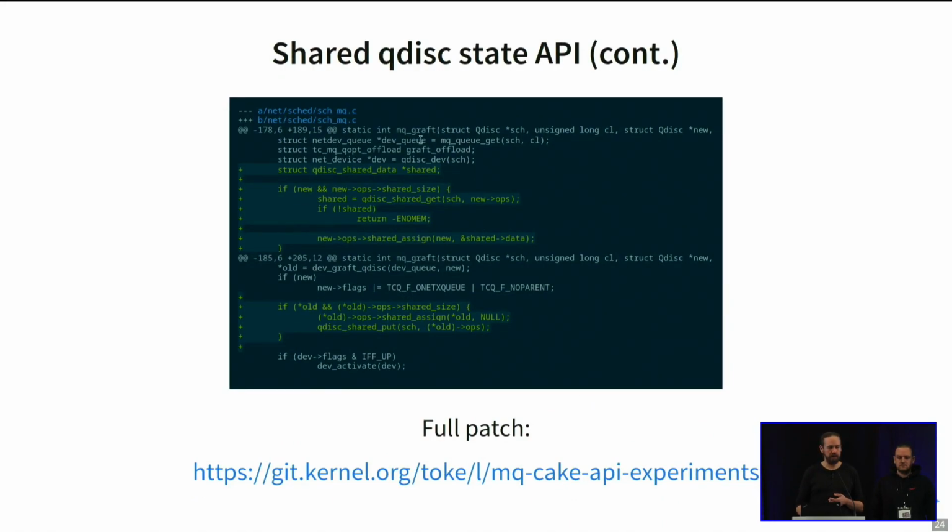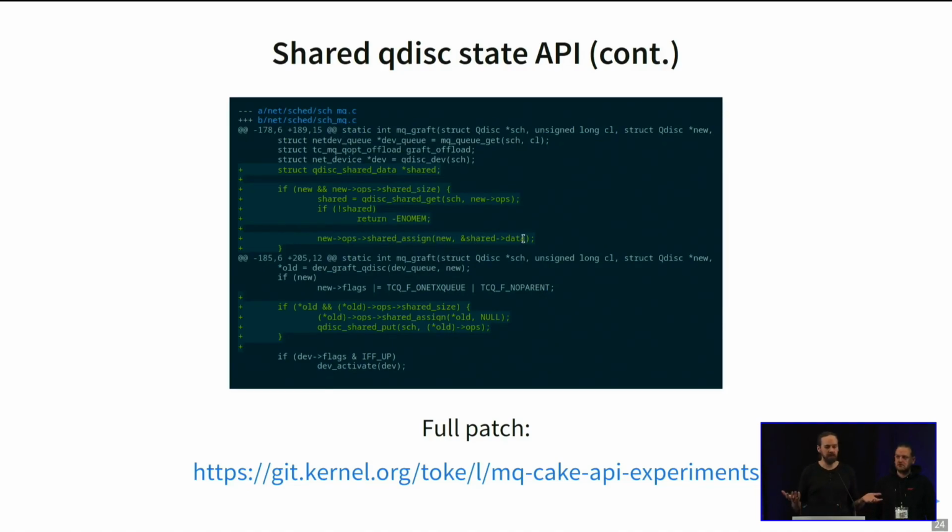When in MQ graft, which is where a child QDisk is attached to shared MQ, I'm omitting a few details. You can look at the full patch there as well, but MQ graft is one of the places where this happens, also in init. If the sub QDisk here, new, has a shared size set, it will allocate one of these shared data structs, and then it will assign it to the child QDisk.